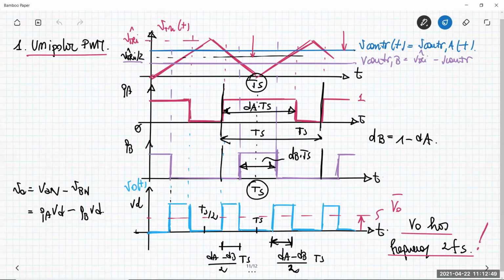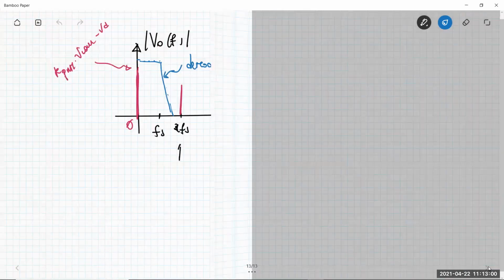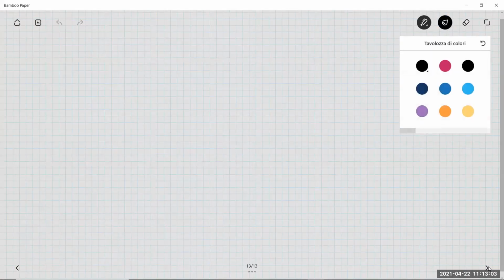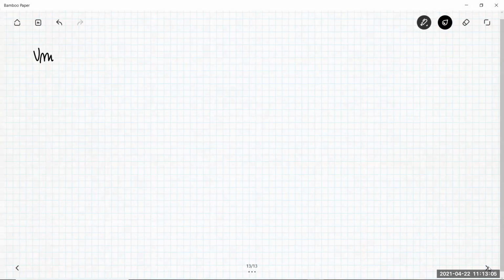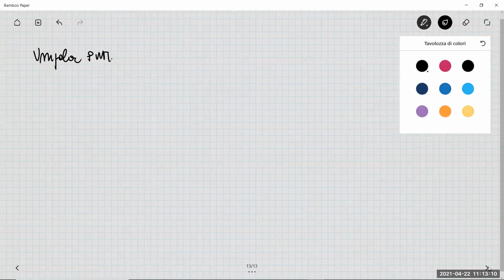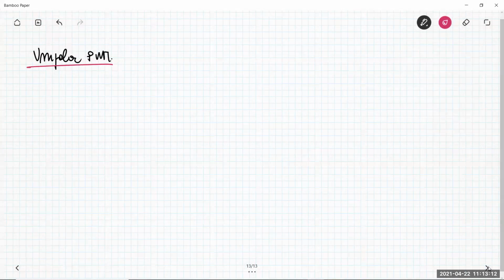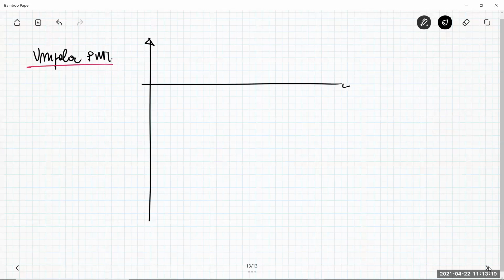Okay, this happens for a unipolar pulse width modulator, having the control voltage higher than the V triangular peak divided by 2. See what happens when you have the same unipolar PWM as before, but now consider what happens when I have a control voltage which is less than V triangular peak divided by 2.